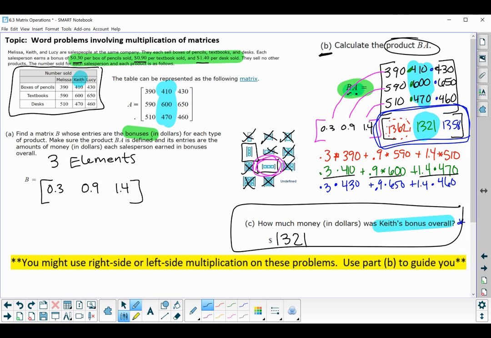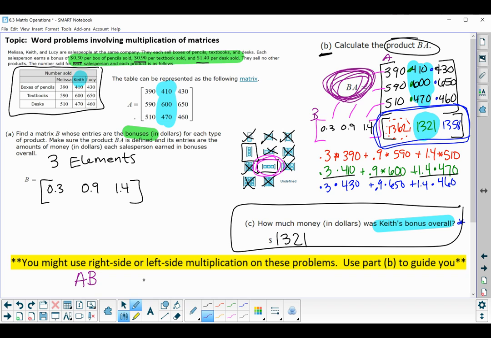Now, I set it up this way, and sometimes your topic will ask you to set it up this way, but you have to watch because our example problem said BA right here. So I had A on the right, and B was a row matrix. But some of them, when you click next to get the next problem, it might switch that to AB.